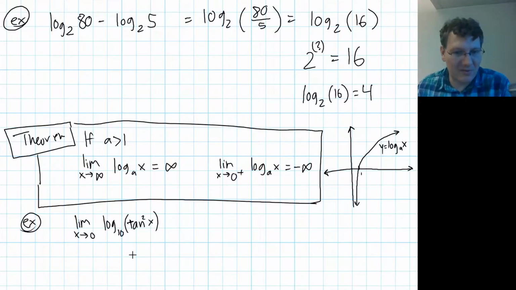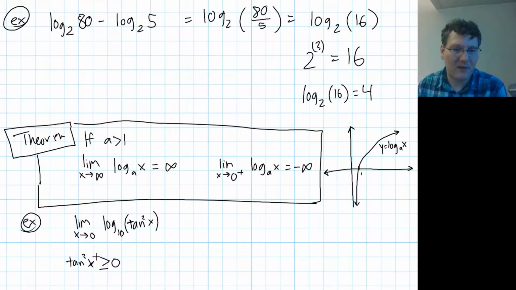Okay, so as an example, let's look at this weird logarithm: the limit as x goes to 0 of log base 10 of tan squared x. One thing to remember is that tan squared x is always greater than or equal to 0 because it's tangent squared.